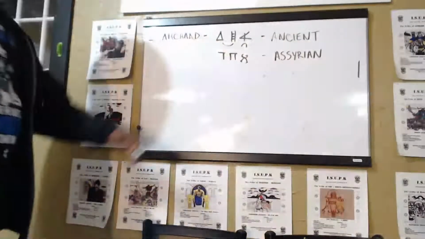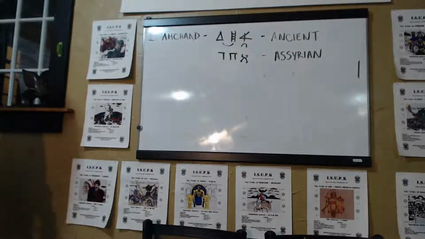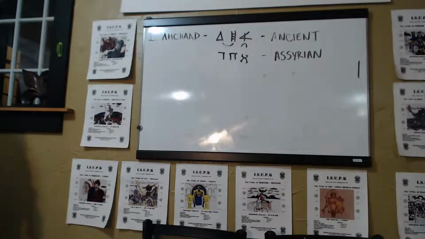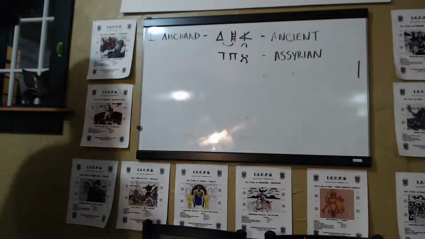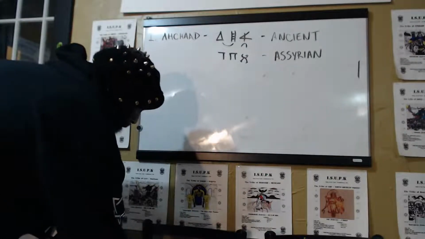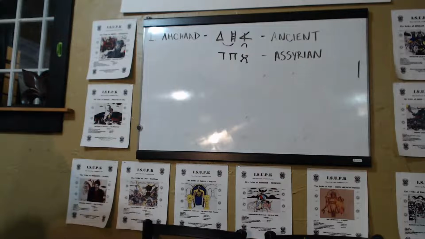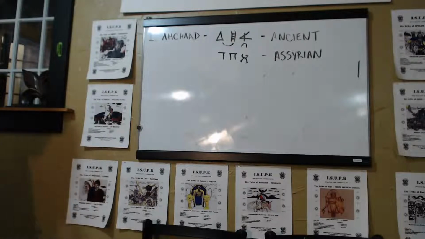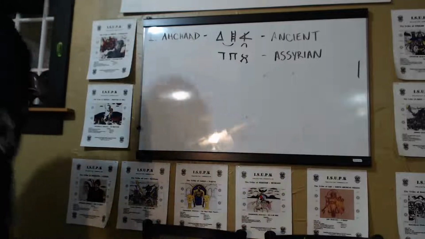All right, now we got it both in ancient and Assyrian. Akkad means one. All right, I'll give you a second to copy that down. Then we're going to go on to number two. All right, that's number one. Let's get number two.